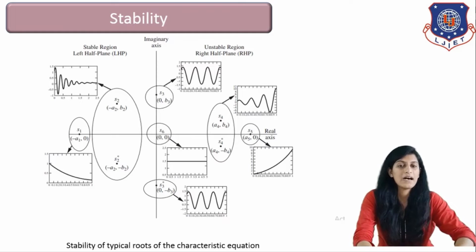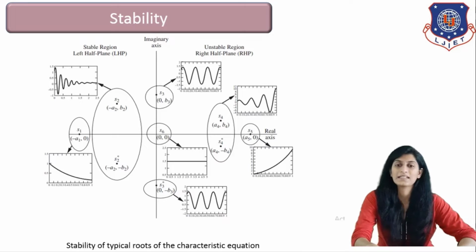If you look at this graph, there is an unstable region, a stable region, and an imaginary axis. If the roots of our characteristic equation lie in this plane or this plane, it is the unstable region, and the system is termed unstable.